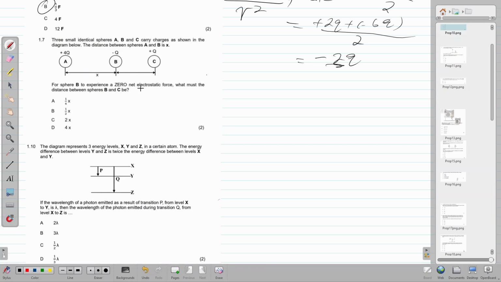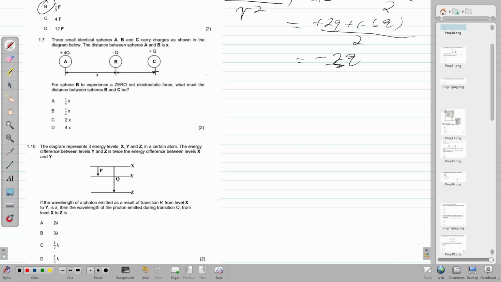Since they are not, we must position sphere C to compensate, increasing the force of C on B to be 4 times larger as well.